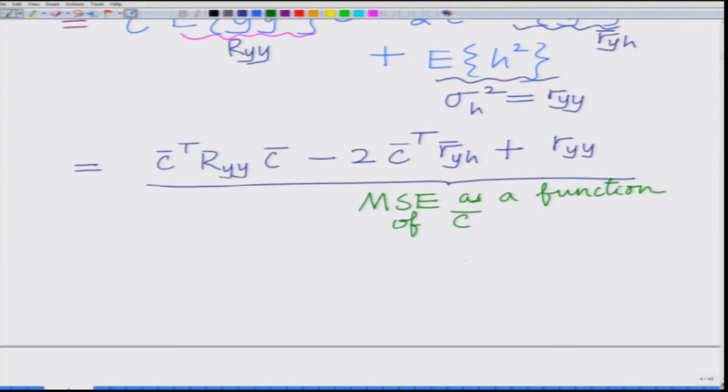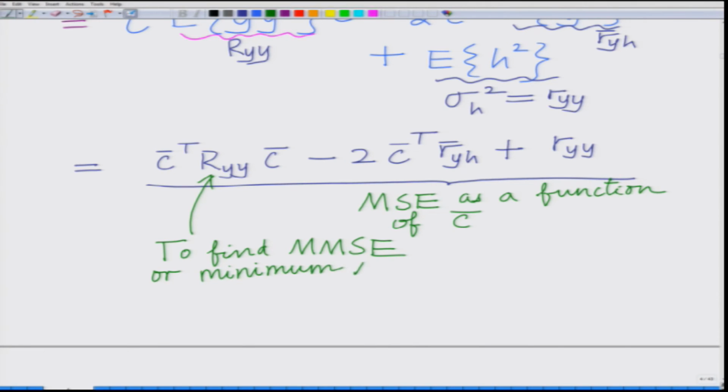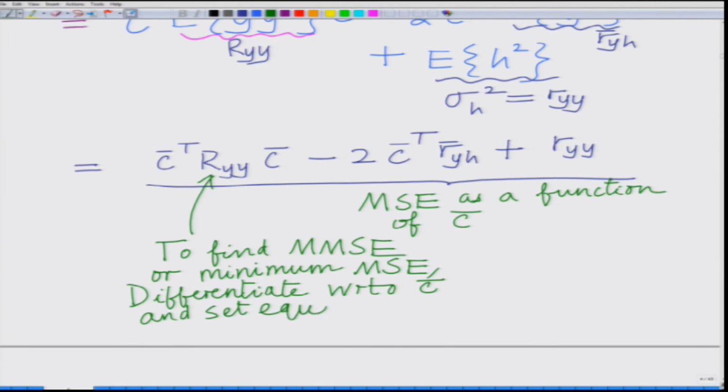To find the minimum MSE, the MMSE, differentiate with respect to C bar and set it equal to 0.